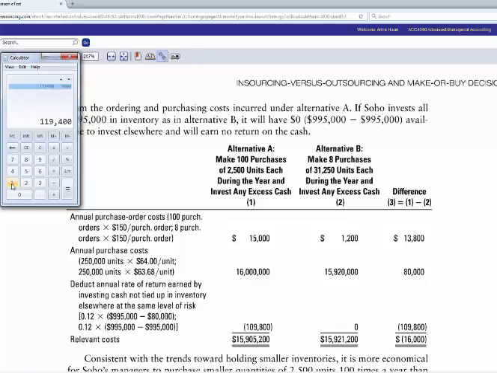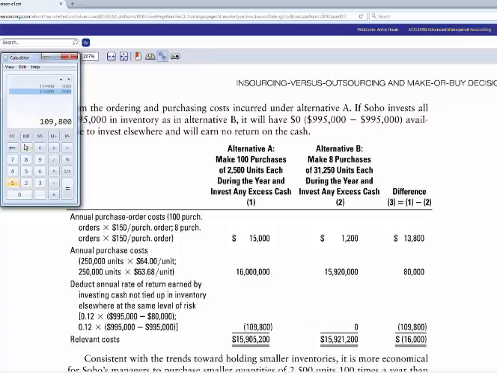If we took that same 12% and multiplied it times the 80,000, we would get $9,600 that we're giving up the opportunity to generate by investing in those smaller quantities of inventory. So we can literally subtract that second one from the first one to find out that $109,800 is the amount that we are looking at regarding what we could actually save.